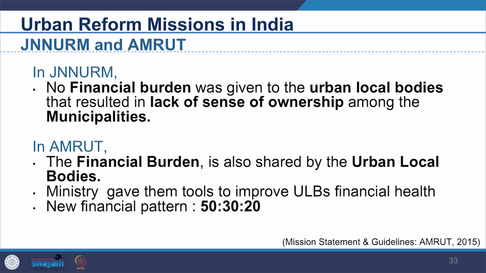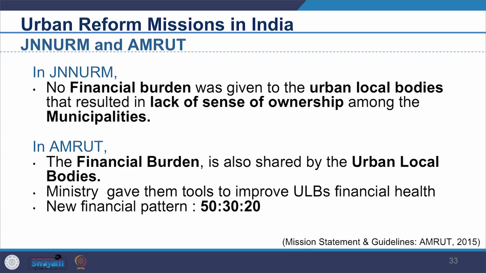So, not only did they give them the burden, they also gave them the tools to improve their financial health, such as tax and user charges collection. The new financial pattern was in the ratio of 50:30:20. So, the center would take 50% of the load, the state 30%, and the ULBs up to 20% of the financial burden of any interventions they do.